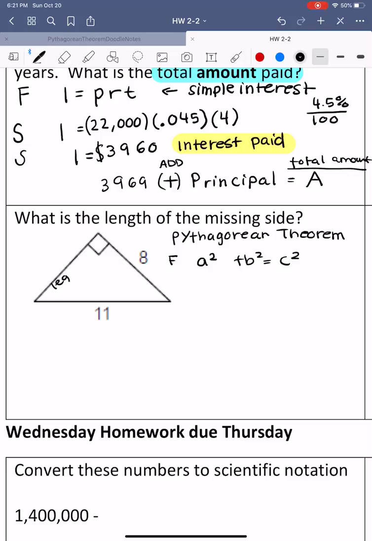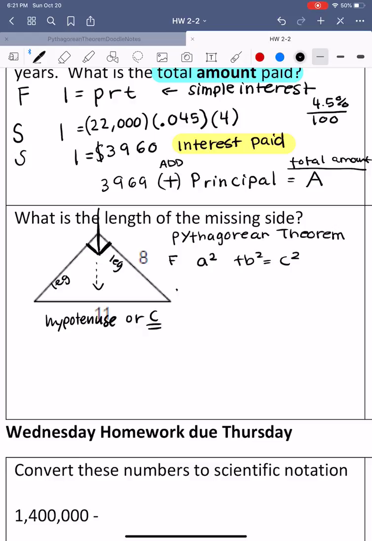So this is a leg, and this is a leg, and these can be either A or B. If you draw a line into this right angle right here, this arrow points to the hypotenuse, or C, and this always has to be the longest length.